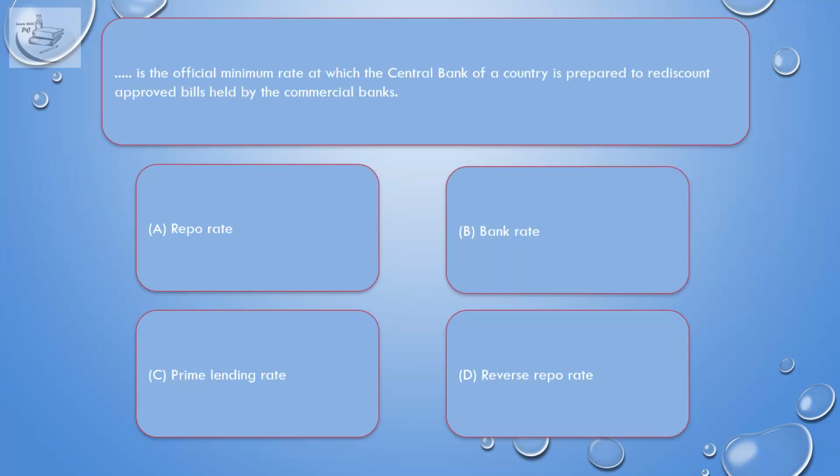Question: What is the official minimum rate at which the central bank of a country is prepared to rediscount approved bills held by the commercial banks? A. Repo rate. B. Bank rate. C. Prime lending rate. D. Reverse repo rate. Correct answer is B. Bank rate.